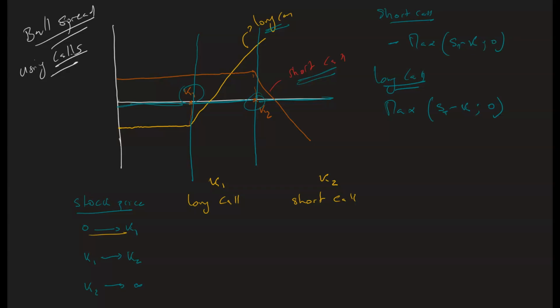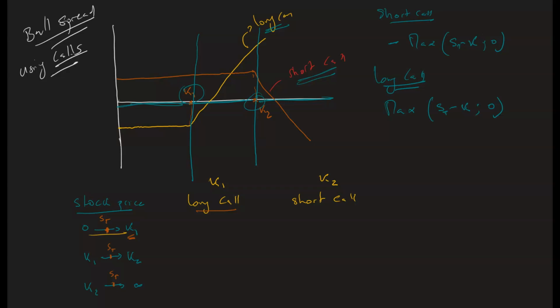Alright, so the way I like to present this is by actually putting the stock price where I think about it being. So in this case, I think that the stock price might be here. So that's my ST, this is my stock price. Okay, so for the long call, if the stock price is below the strike price, the option is essentially out of the money, right?